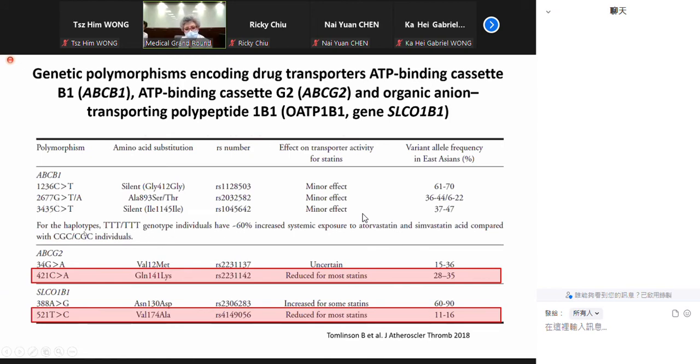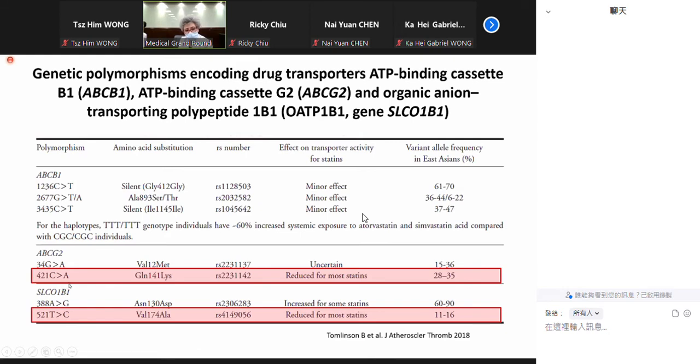So if you get the risk haplotype, then you can have increased systemic exposure to some of these statins and simvastatin, which are mediated. The transport of these drugs is mediated through this co-transporter. But going back to this ABCG2, these two are important. This is the 421C to A, and the other one is the SLCO1B1 gene, which is the 521T to C.